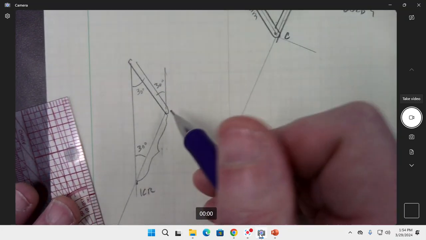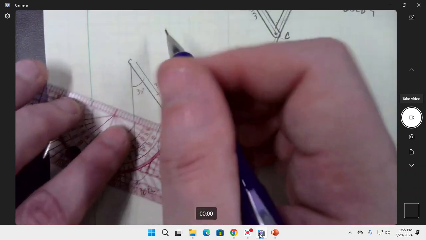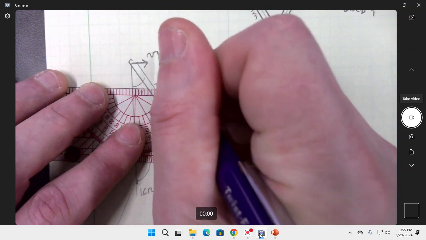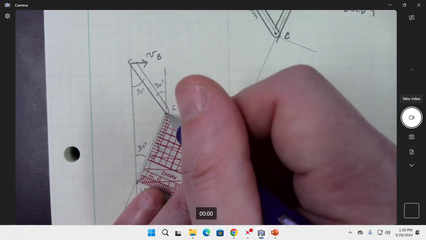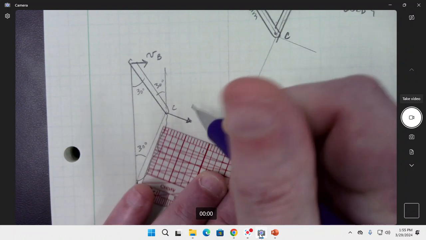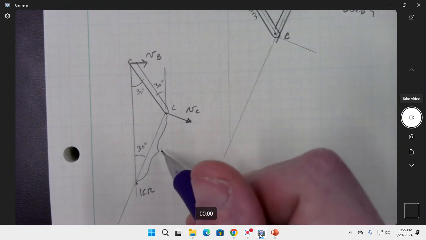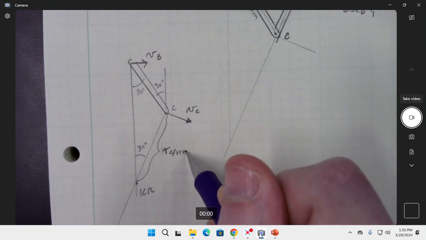let's see, I didn't label these. This is C. This is B. So this must be RC with respect to ICR.